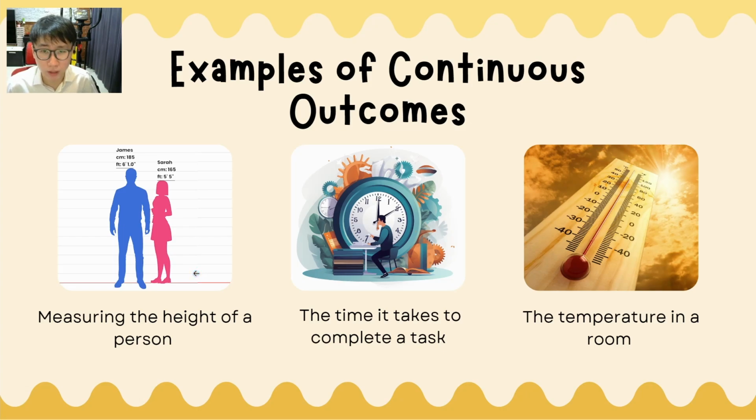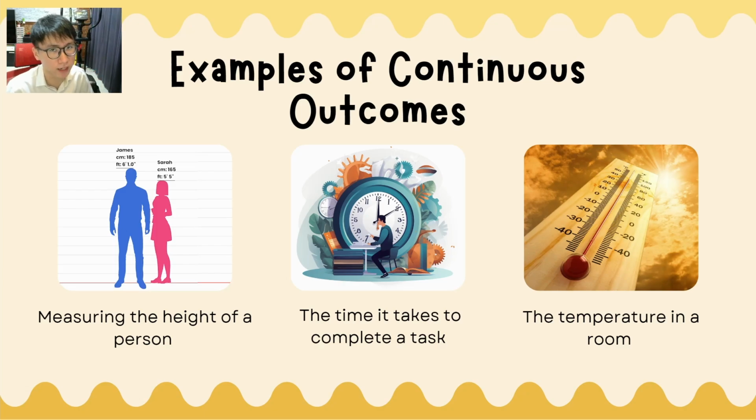Example of continuous outcomes. Measuring the height of a person, as I've mentioned before, each centimeter or each inch matters, and it doesn't make a person the same height if their difference is only 0.01 inches. They're still different heights. The time it takes to complete a task, seconds, milliseconds, down to the last time it takes.